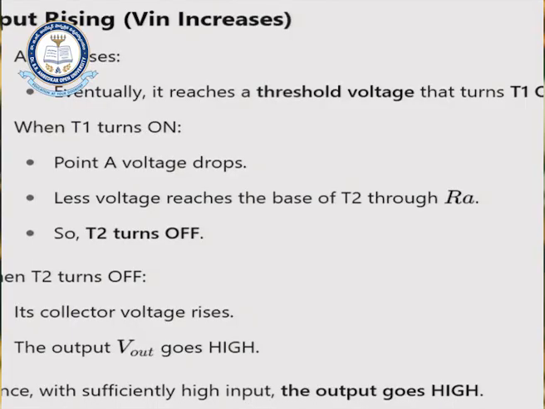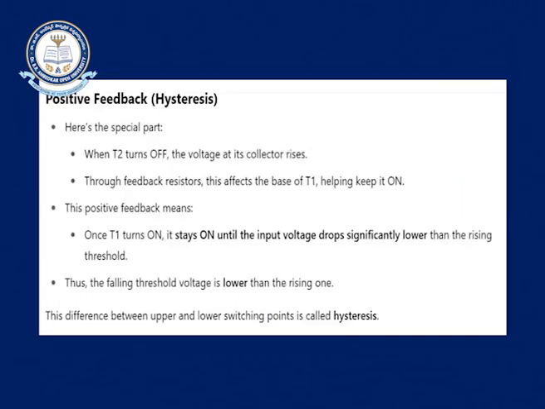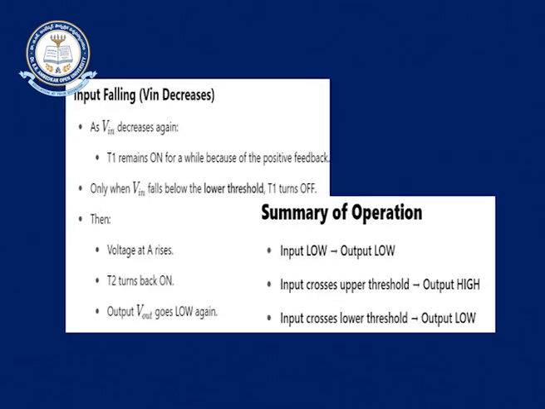Okay. And if the input voltage increases, eventually it reaches the threshold voltage and transistor T1 turns on, and T2 goes to the off condition. Like that you get the hysteresis, which is why we use the Schmitt trigger. In summary, if the input is low, the output is low; when the input crosses the upper threshold, the output changes; when the input crosses the lower threshold, it changes back.